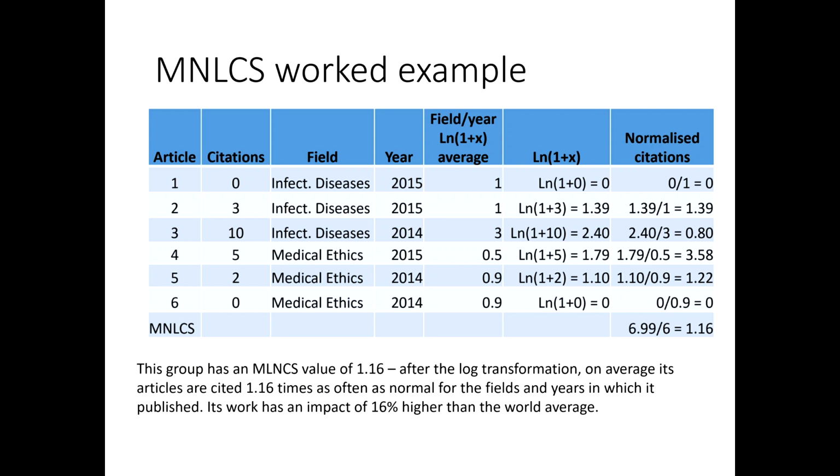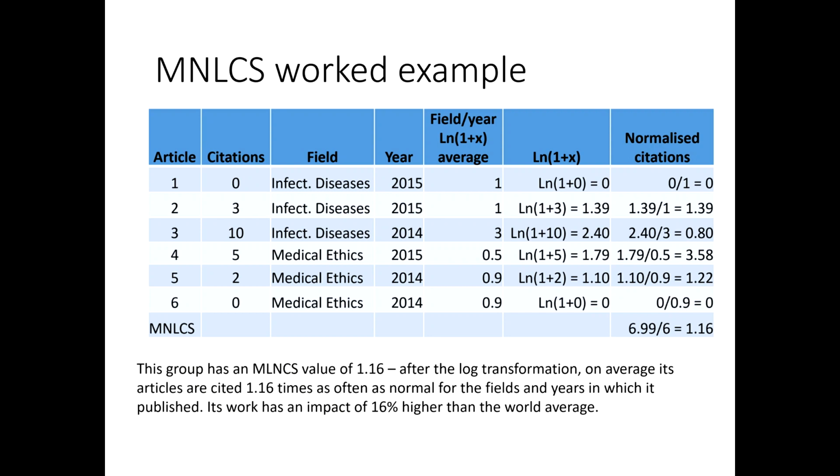And here's a worked example for the MNLCS. Here we have 6 papers, the same 6 papers as in our first example, from 2 fields, infectious diseases and medical ethics, and 2 years, 2014 and 2015. The extra step we need is to log transform the citation counts.